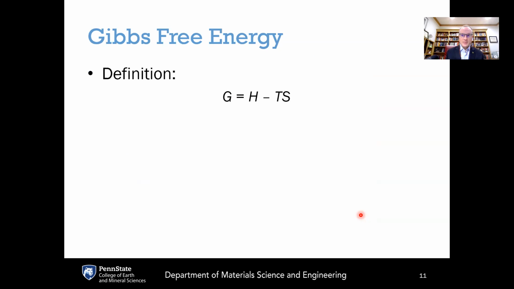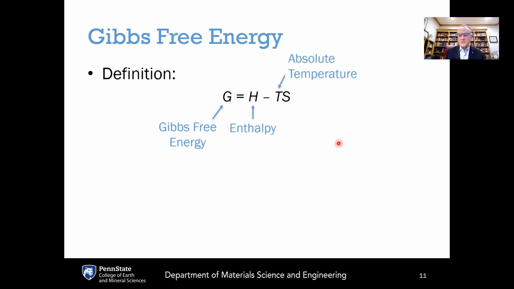Now, let's manipulate this a little bit. If we've got our Gibbs free energy, G equals H minus Ts, goldfish are hell without tartar sauce. G here is the Gibbs free energy. H is the enthalpy. T is the absolute temperature in units of Kelvin. Never, ever, when you're doing thermodynamics or kinetics, never use Celsius and never use Fahrenheit.